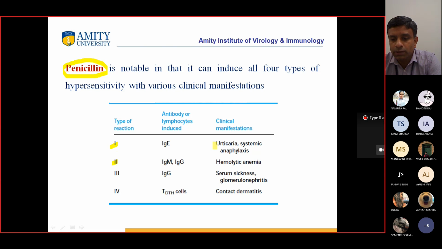In type 2 reaction, penicillin can bind to the RBC and cause hemolytic anemia. Penicillin can also lead to type 3 and type 4 hypersensitivity reaction. Penicillin is very effective, very helpful, but in some individuals, it can also lead to a kind of reaction.